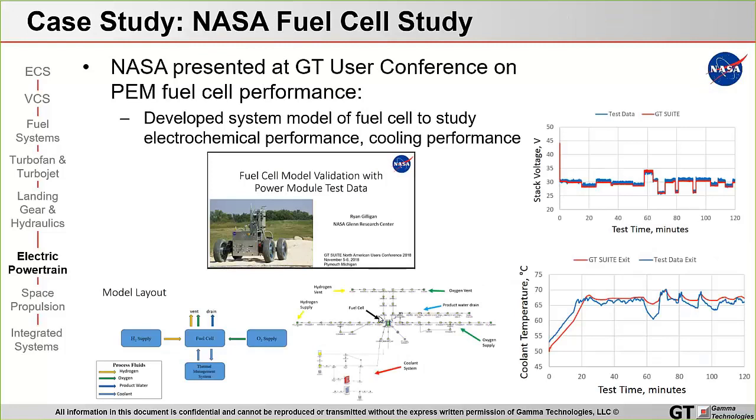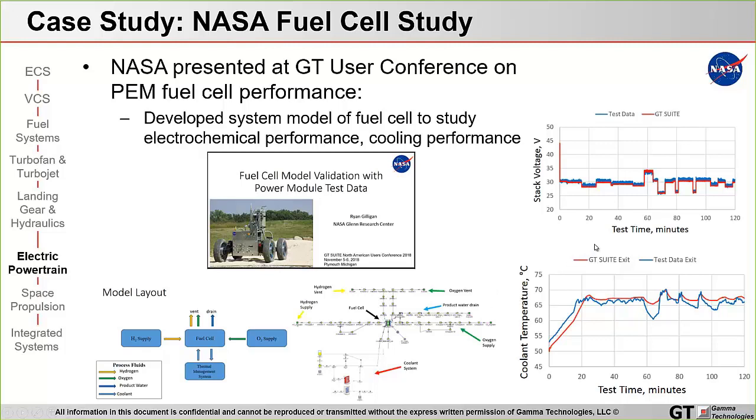Another type of electrified powertrain concept is a fuel cell study that was done by NASA, which was presented at our user conference a few years back, where it examined a PEM type fuel cell to study electrical and chemical performance, but also cooling system performance to make sure that the cooling system is working properly.